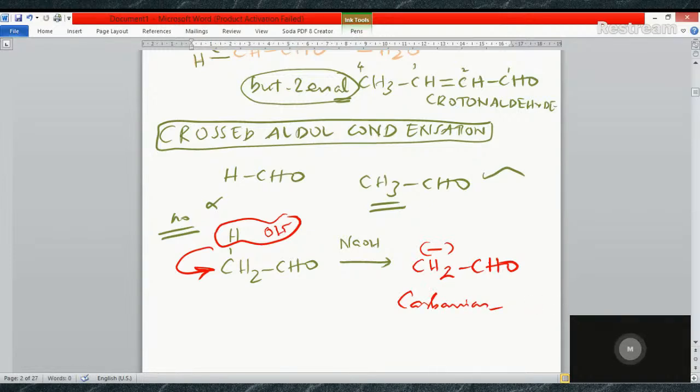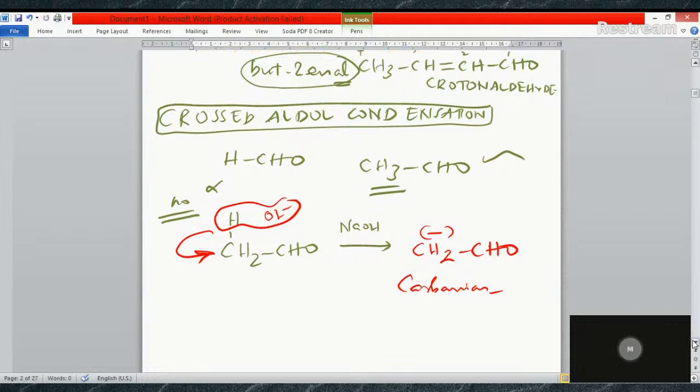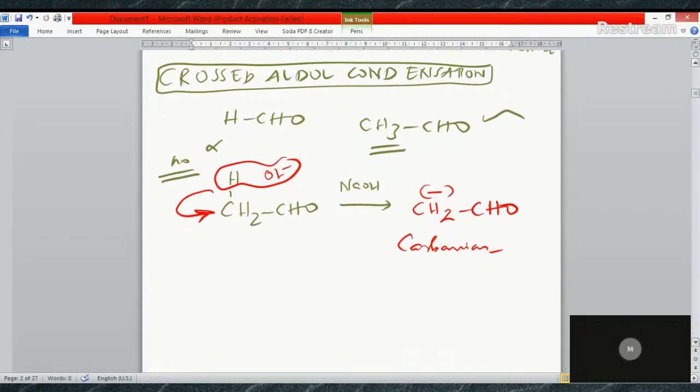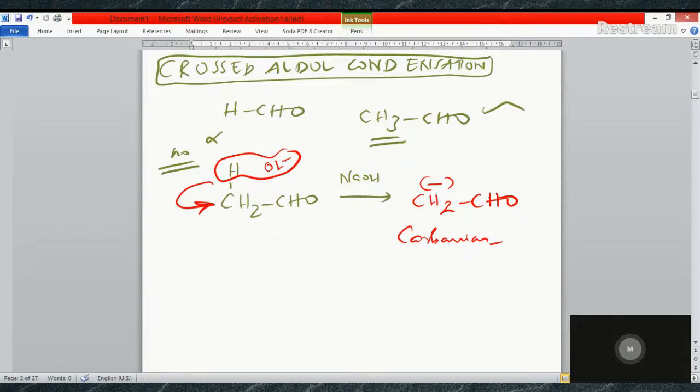So when you get the carbanion, in the forthcoming step, the carbanion can attack the formaldehyde. I am writing the formaldehyde, HC double bond O. We know that oxygen is electronegative, it carries a slight minus, and the carbon is electropositive. The carbanion obtained in the previous step will be attacking this carbon, and the nearby bond is breaking.